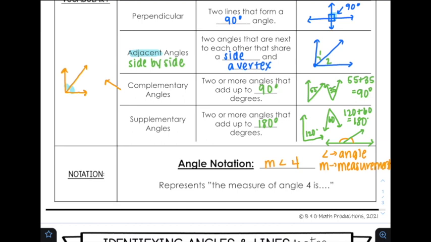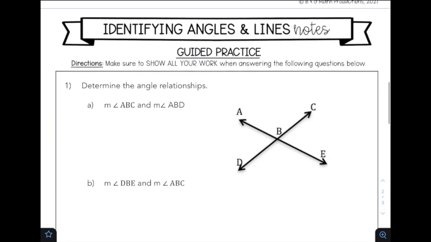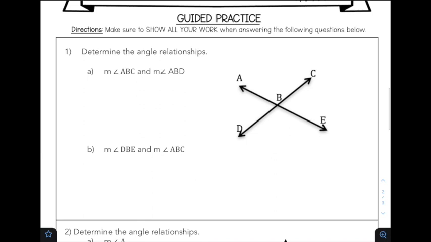Let's try some guided practice. For the first one, we want to determine the angle relationships we have. So we have A, B, C, and you want to make sure you're following that in the order that it's written. A, B, and C are in that order, and A, B, D. Those two are side by side, so you can say that they're adjacent.